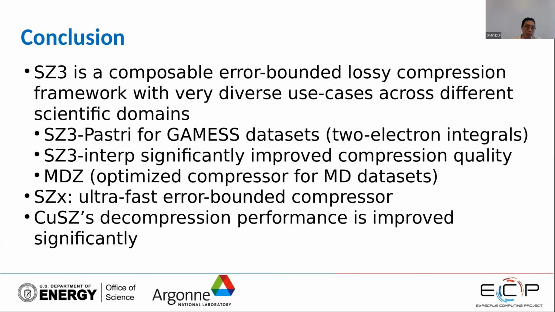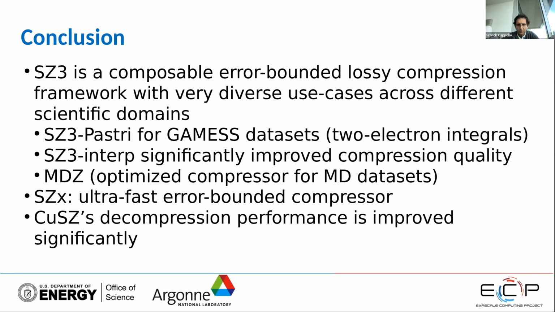In fact, we have more successful stories, but because of the time, I cannot show all of them here. And SZx is a super fast error-bounded lossy compressor, and this work has been accepted by HPDC '22 of this year. And cuSZ's decompression performance is also improved significantly because of the accelerated Huffman encoding. Thank you.